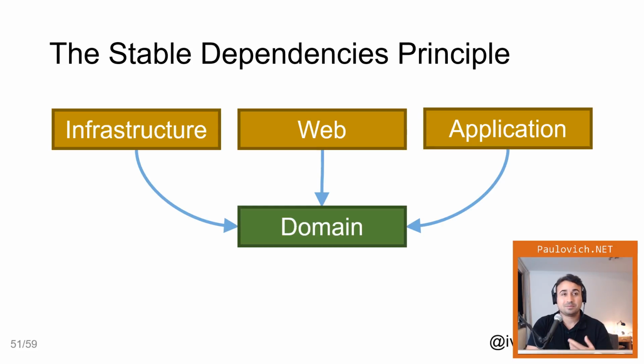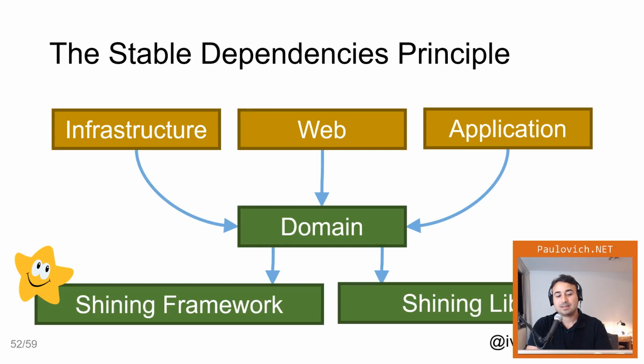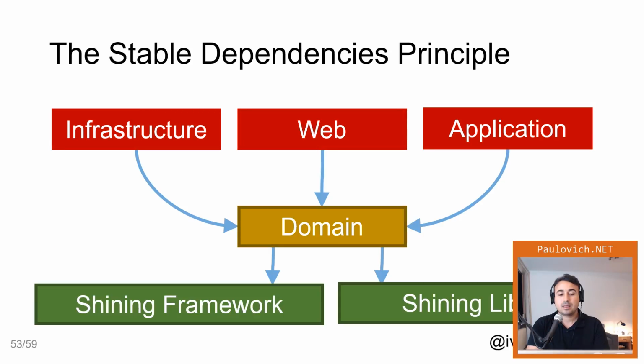Well, then later some smart developer adds a shining framework or a shining library that provides a small benefit, maybe a small productivity gain, and your domain model that was stable before is now unstable because it has several other dependencies.